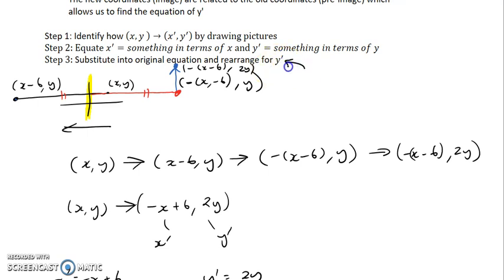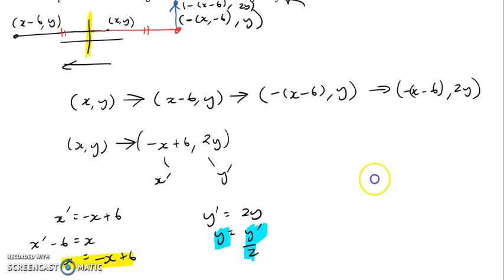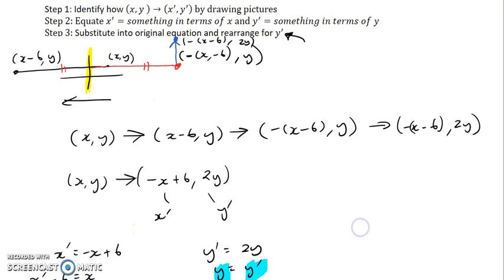Maybe we should add here, really, first you need to solve for x in terms of x dash and y in terms of y dash first before you substitute in.